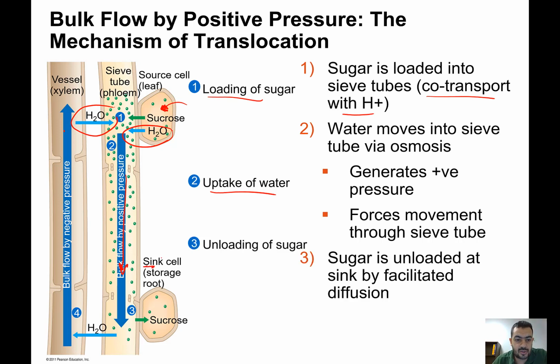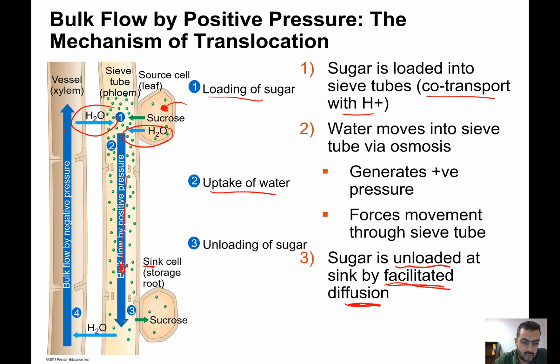Once they reach the sink, for example the root cells or any non-photosynthetic cell, the sugar will start to be unloaded at these sink cells. This unloading is done through facilitated diffusion, and we are going to see this in the next slide.